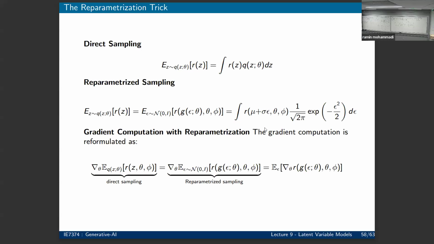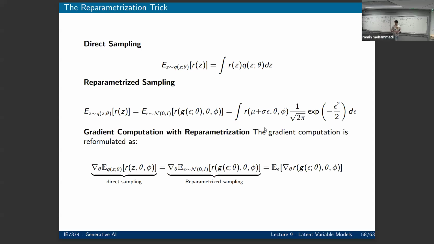You only sample epsilon noise and pass it to this model, which is this equation technically. It makes the problem much easier because you don't sample from Z anymore. You just sample from a noise. You have a model that gives you a mu and this variance. Using the noise, you generate Z as a deterministic value, pass that Z to the decoder and continue. So the reparameterization trick makes this much easier compared to direct sampling, because here you need to sample data, whereas there you just sample noise and using the noise generate the data. Does that make sense?